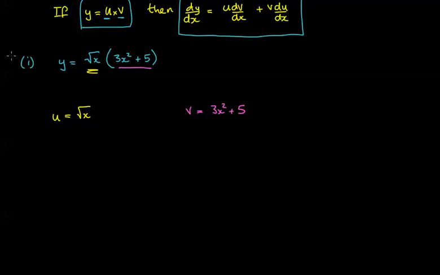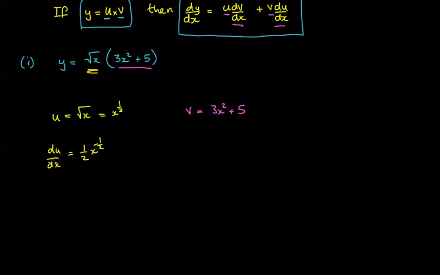Okay, for the product rule we need to know u dv by dx and v du by dx. So we have to differentiate these two functions. First of all, I'm just going to rewrite this as x to the power of a half, because that's what it is. So du by dx equals, a half comes to the front, and then you take 1 off the power, a half take away 1 is minus a half.